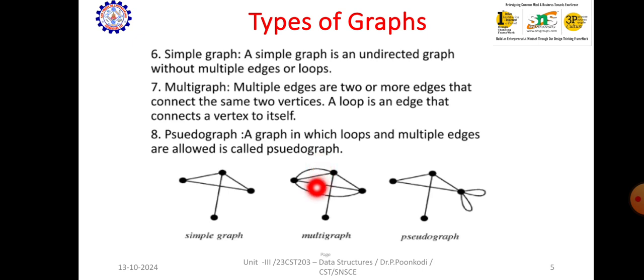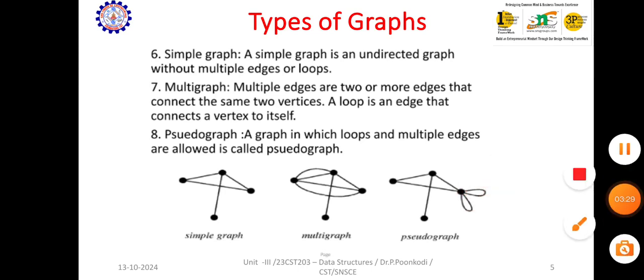It has multiple edges. There are 4 edges connected in a single line. So it is called a multigraph. Then the pseudograph is one where some vertex may have a self loop, multiple edges on themselves. That type of graph is called a pseudograph.